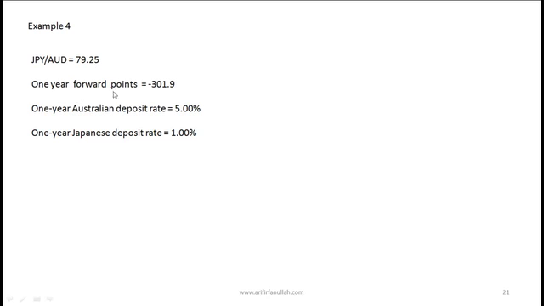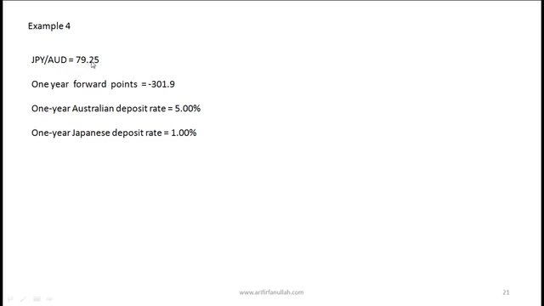We are given the 1-year forward points data, which is minus 301.9. One small point to note over here: when you have a currency such as Japanese yen to Australian dollar or Japanese yen to US dollar, note that we only have 2 numbers after the decimal place. So this means that when we convert forward points into a decimal, we simply divide by 100.